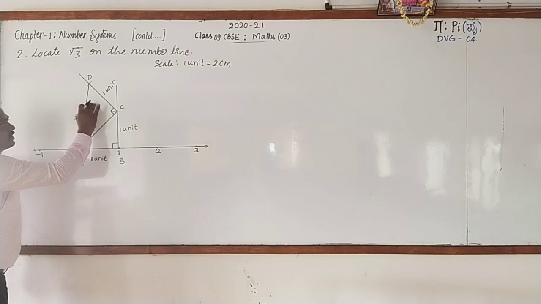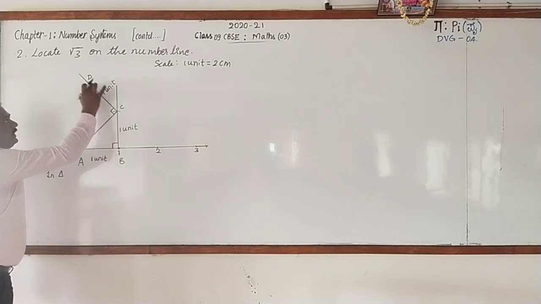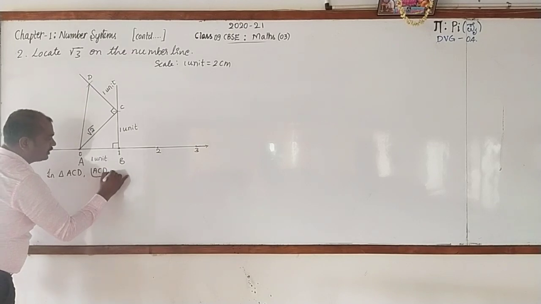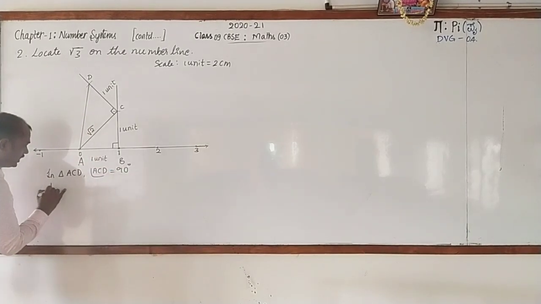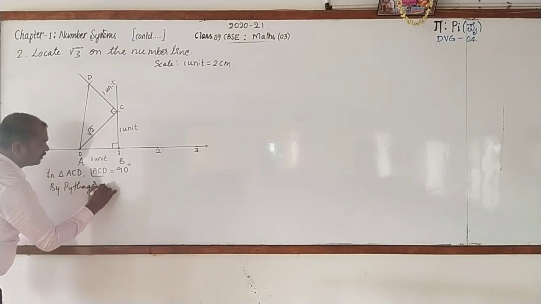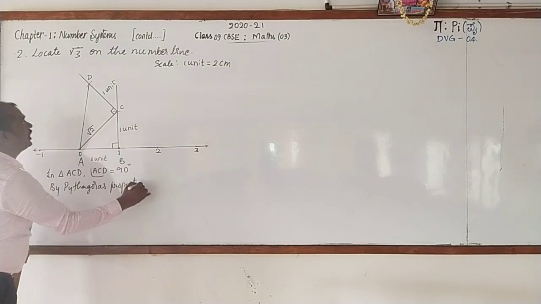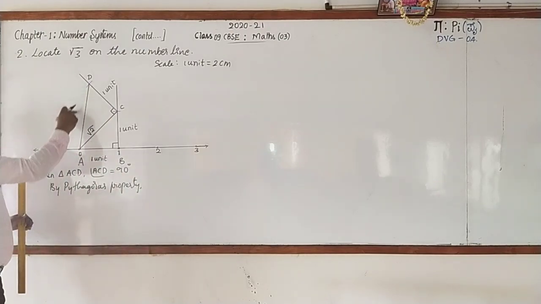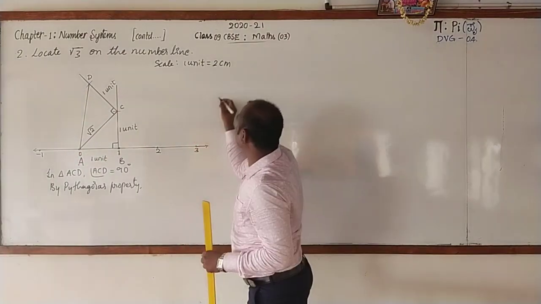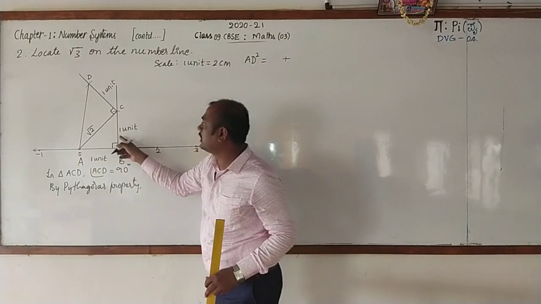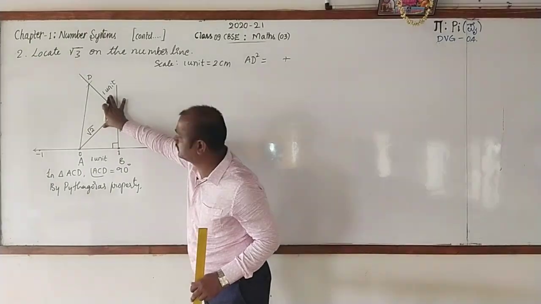In triangle ACD, angle ACD equals 90 degrees. By the Pythagoras theorem, the square on the hypotenuse is equal to the sum of the squares of the other two sides.